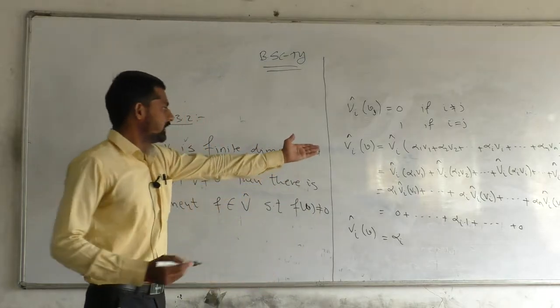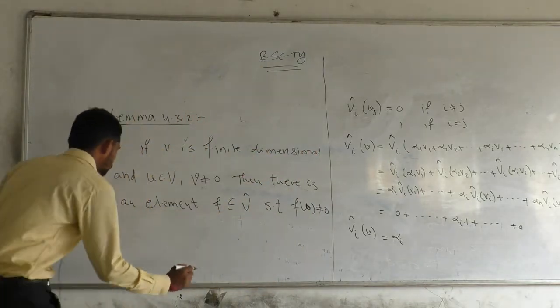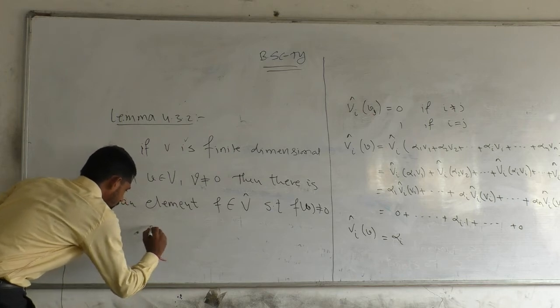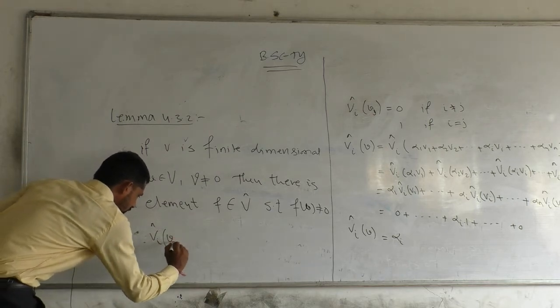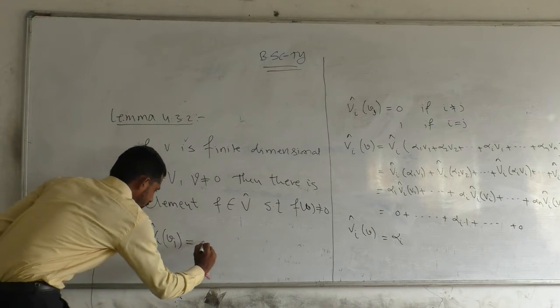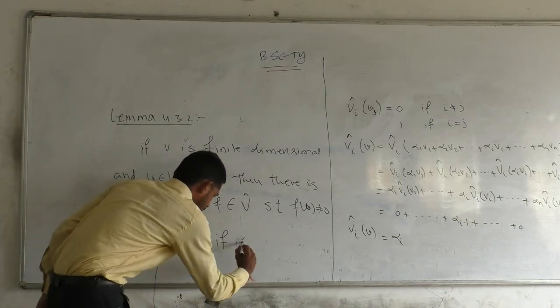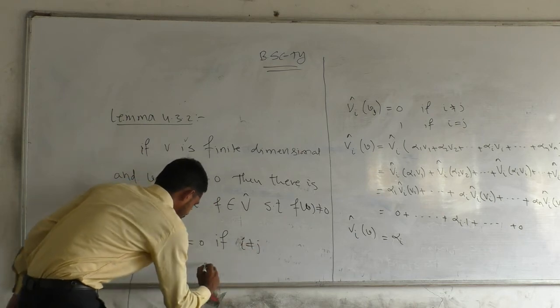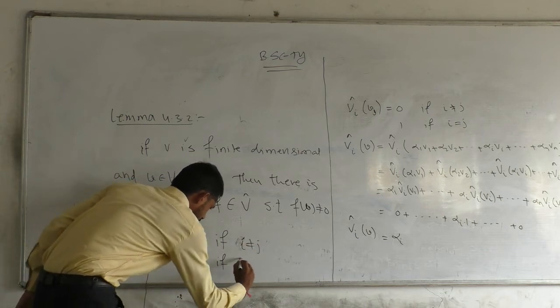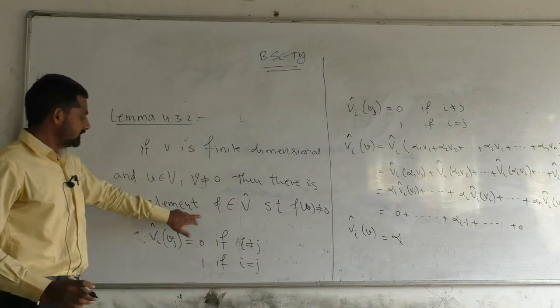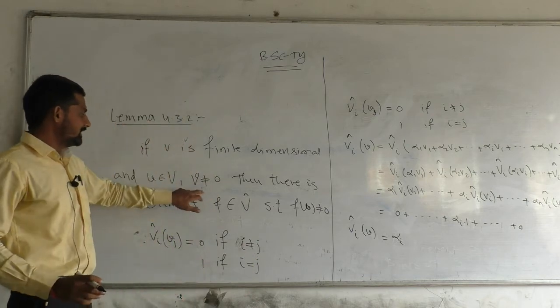You can take this functional that we have defined, vi dual of vj is equal to 0 if i is not equal to j, and 1 if i is equal to j. If we take this function, then this must satisfy this condition.